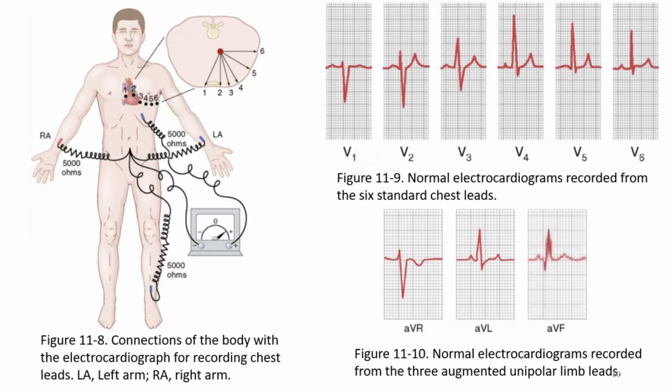After 5,000 ohms, this is the other side recording, and this is the exploring electrode, changing the positions precordially and also to the extremities. If it is connected to the extremities, we record augmented voltage of extremities, as you see here.